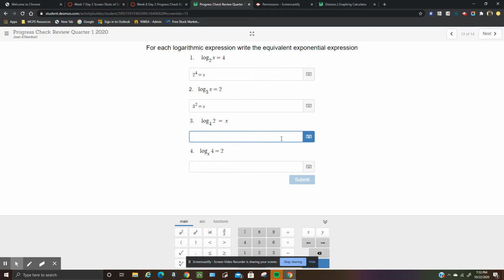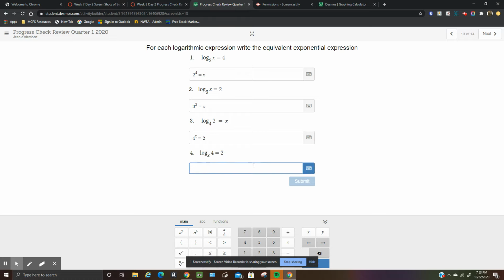And then 4 exponent x equal 2. And this last one, x squared equal 4.